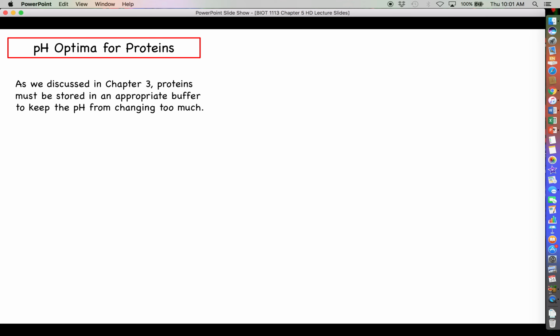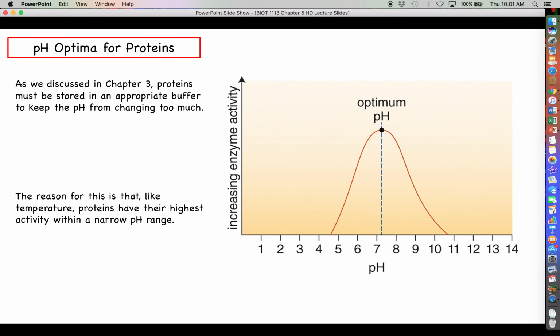In addition to having a temperature optimum, you'll recall that proteins also have a pH optimum. We talked about this back in Chapter 3 when we were talking about the pH of buffers. So proteins need to be stored in an appropriate buffer to keep the pH from changing too much. Just like what we saw with temperature, proteins are going to have their highest activity within a narrow pH range.